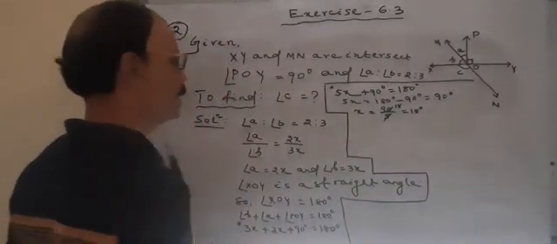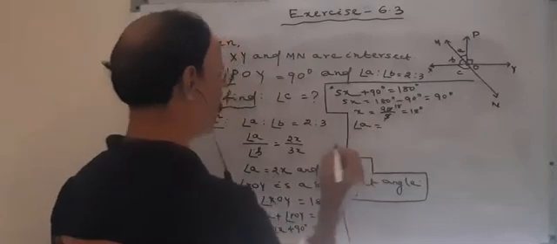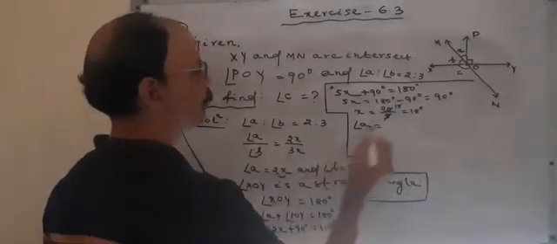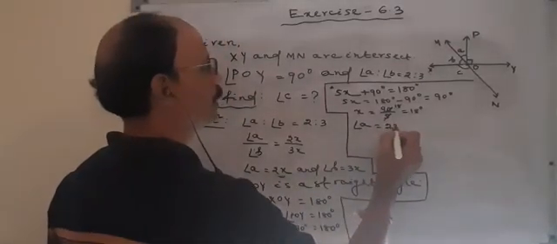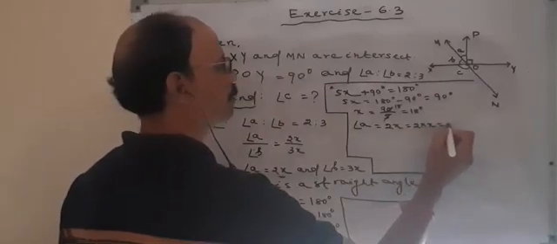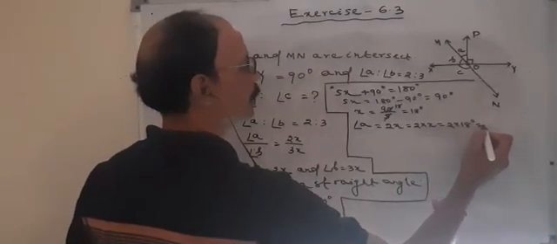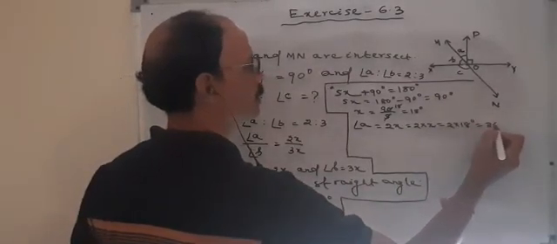So if x is 18 degree, what is the angle? Angle A is 2x. So 2 multiply x, it means 2 multiply 18, it is 36 degree.